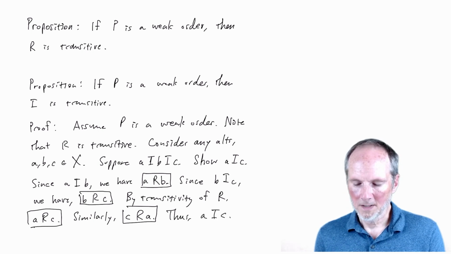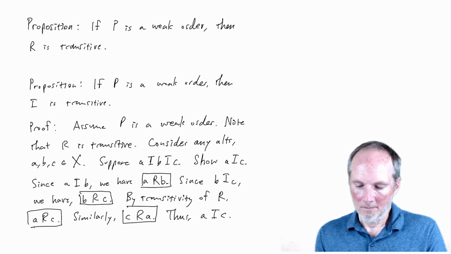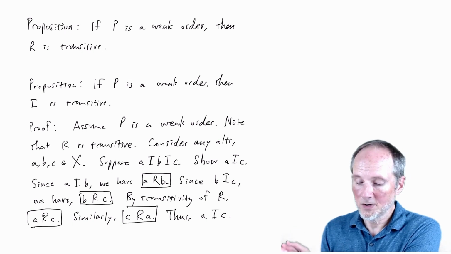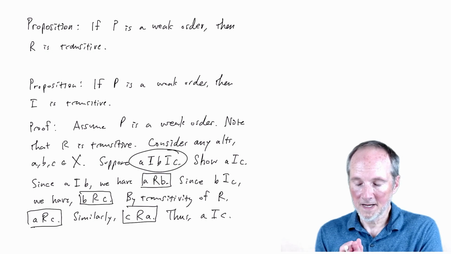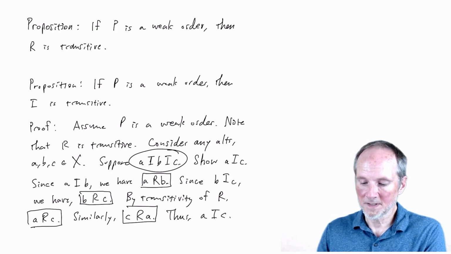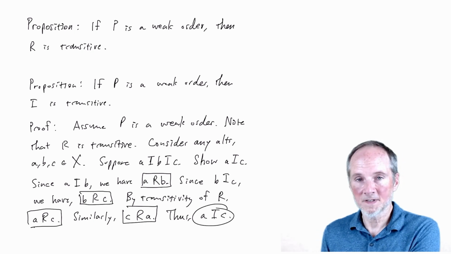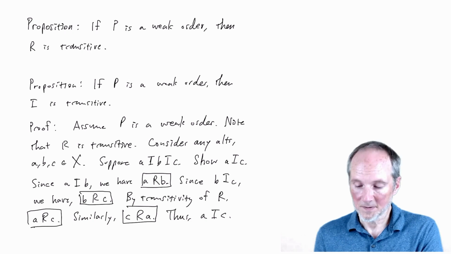Okay, so we took any three alternatives and we just showed that if A is indifferent to B and B is indifferent to C, then A must be indifferent to C. That is transitivity of indifference, okay?